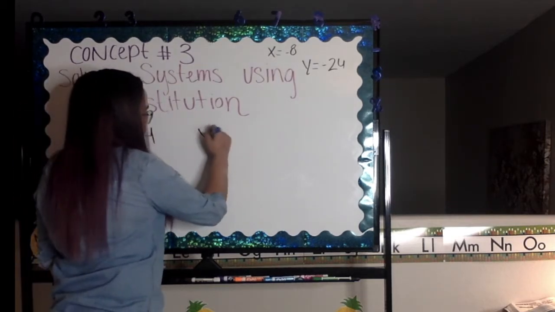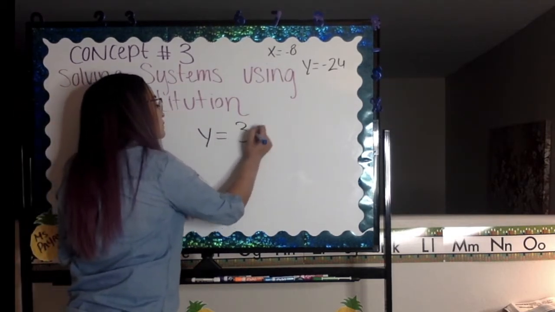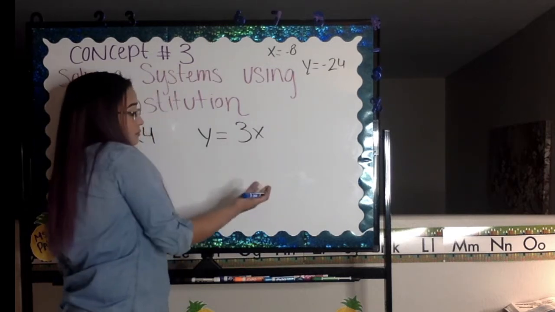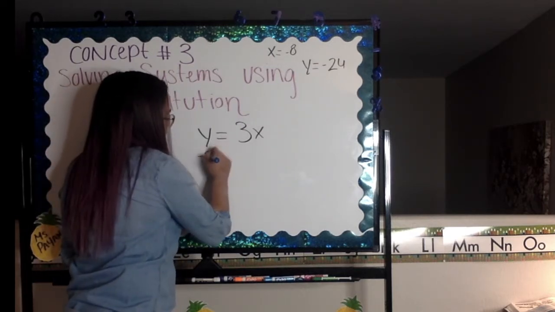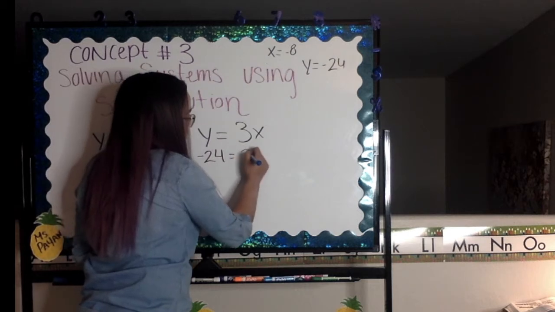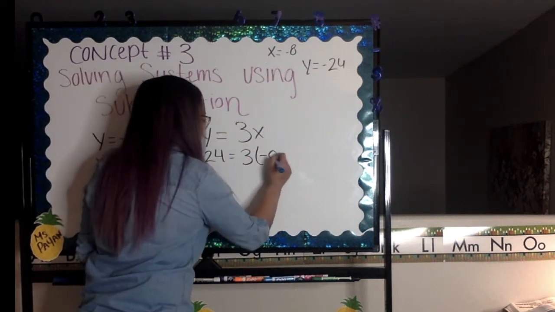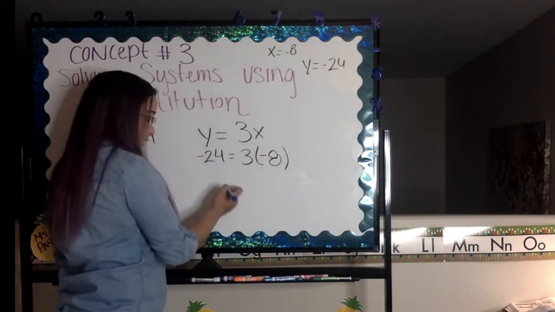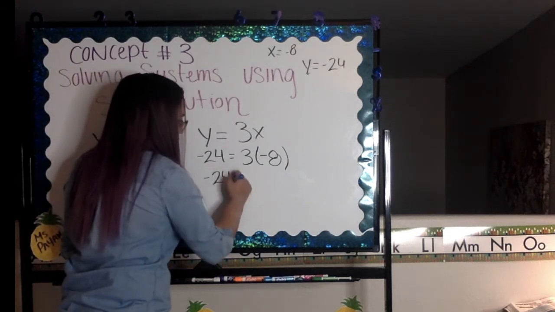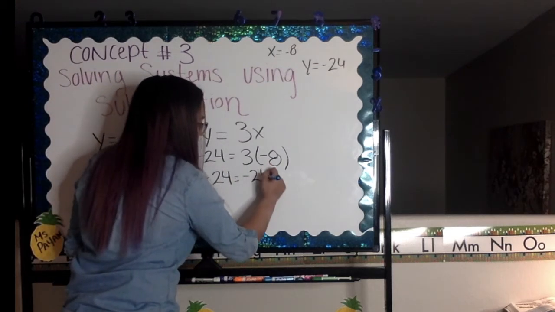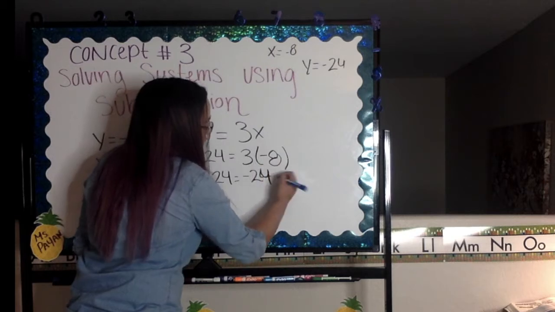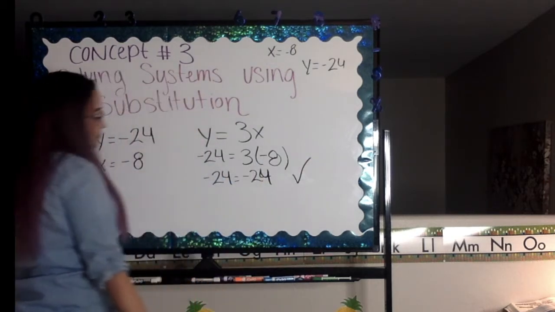Our first equation is this one, meaning negative 24 equals 3x times negative 8. Which worked out means negative 24 is equal to negative 24. That tells us that this is correct.